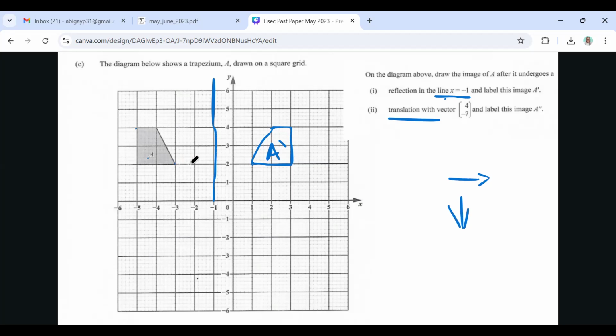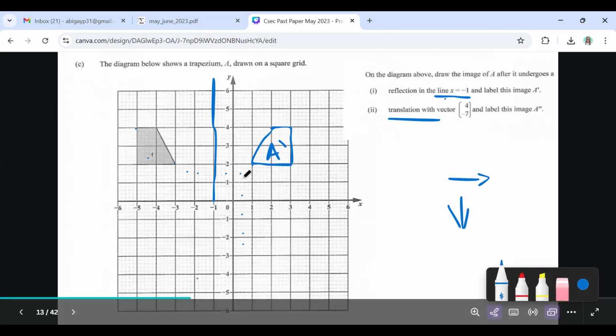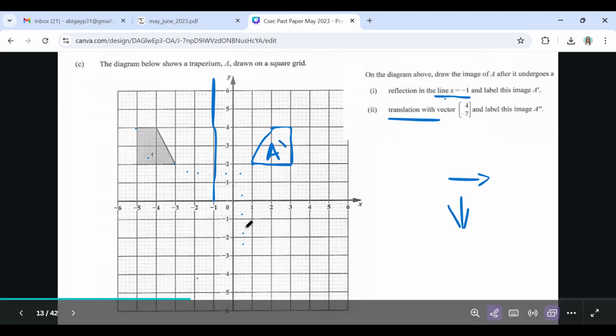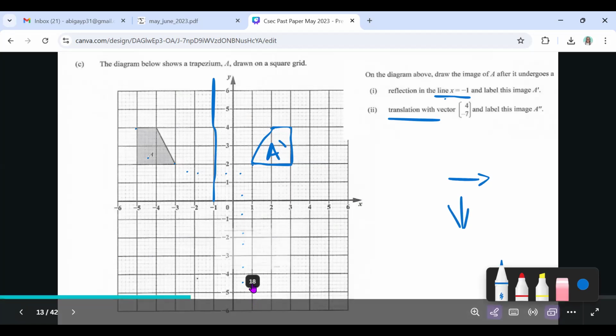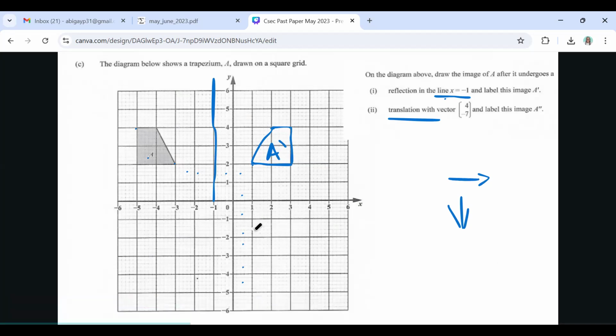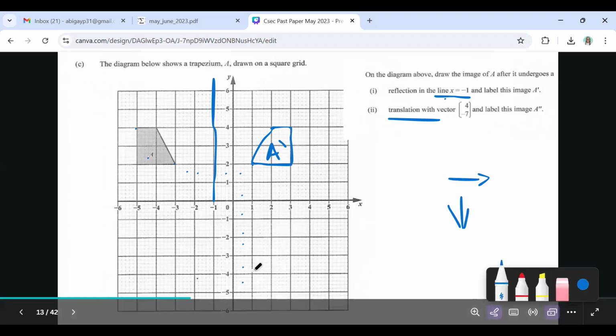So 4 boxes to the right, 1, 2, 3, 4. And then down 1, 2, 3, 4, 5, 6, 7. So it will be right here.